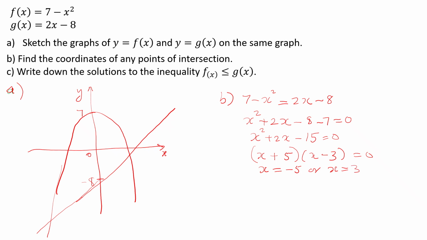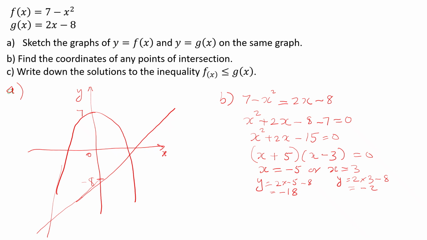If x equals minus 5, go back to the equation and find the y value. So y equals 2x minus 8, 2 times minus 5 minus 8. So minus 10 minus 8, minus 18. Next one, y equals 2 times 3 minus 8. So 6 minus 8, which is minus 2.